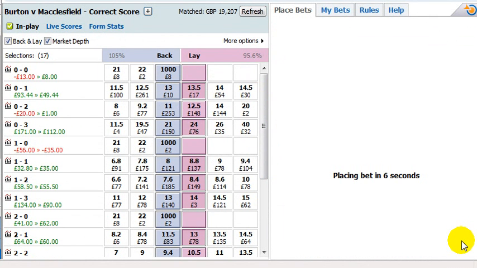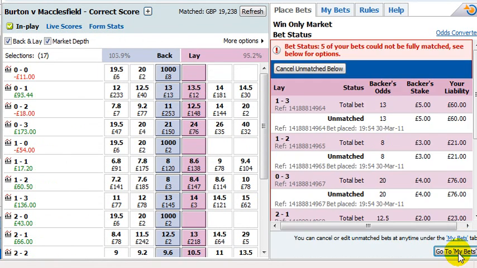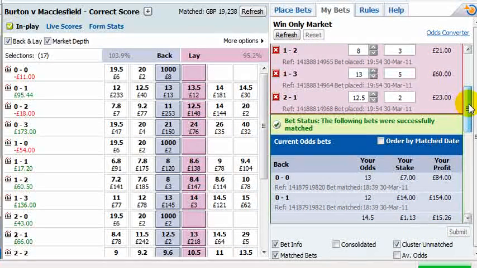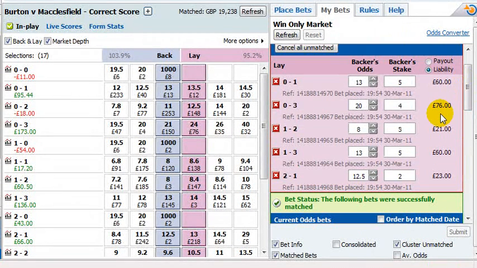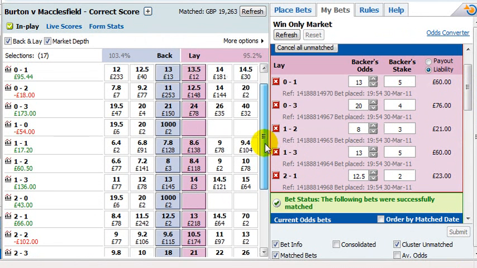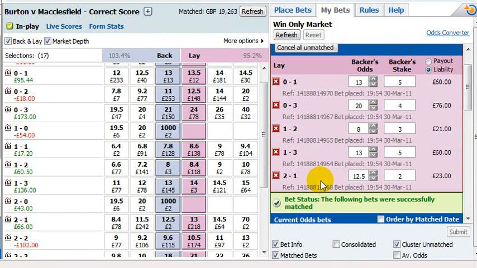We're making our first move here, which is reducing our red, and we've laid, as you can see, 0-1, 0-3, 1-2, 1-3, and 2-1. Now we're not reducing our red by 50%, but we want to chip away at this £100, £104 liability we've got. These remain unmatched.